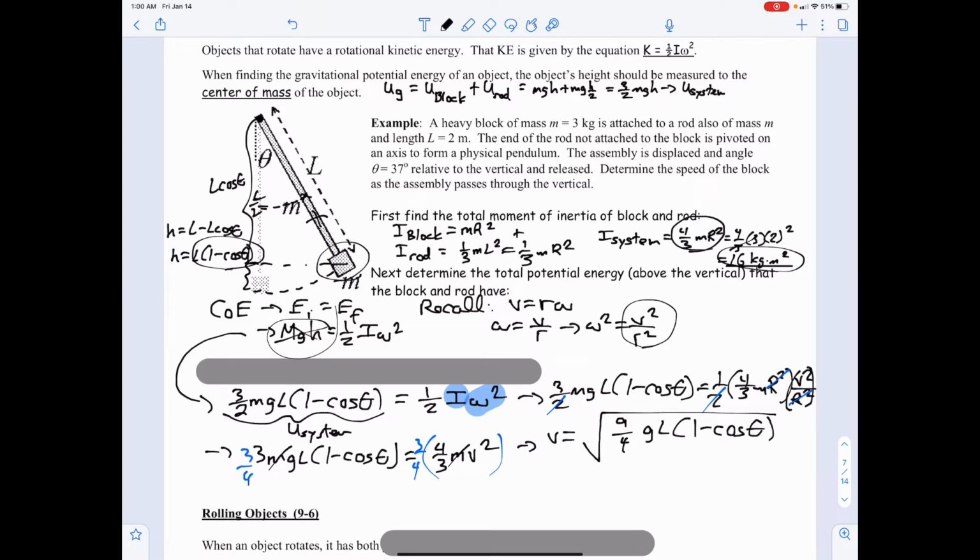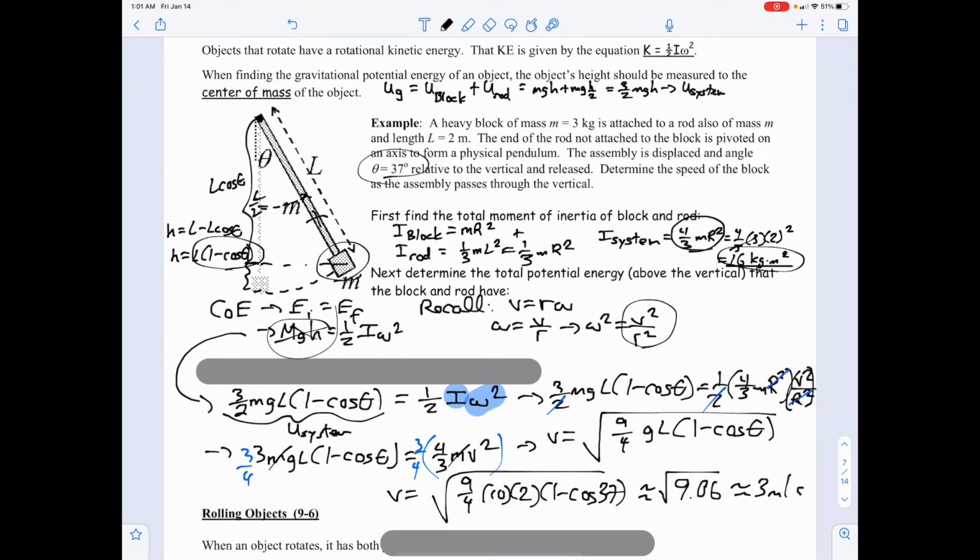And you should be able to plug in from there. 9/4 times 10 times the length of 2 times 1 minus cosine of, it was 37 degrees. We get approximately 9.06, about 3 meters per second would be the translational speed at the end of the rod.